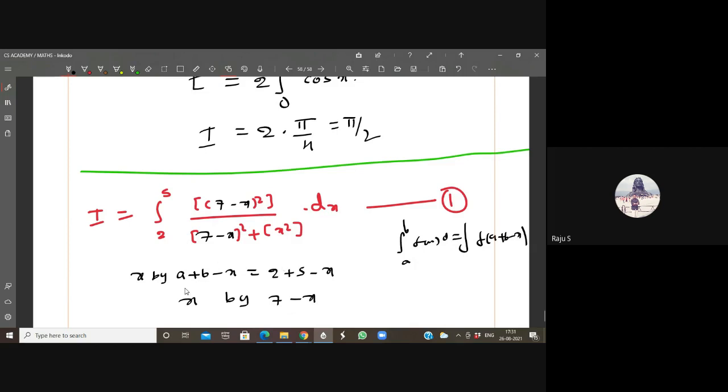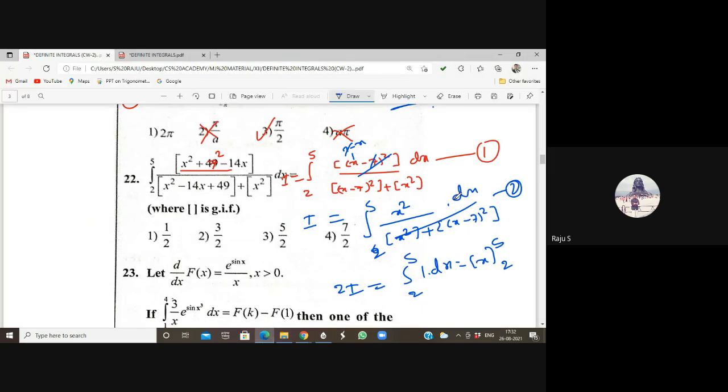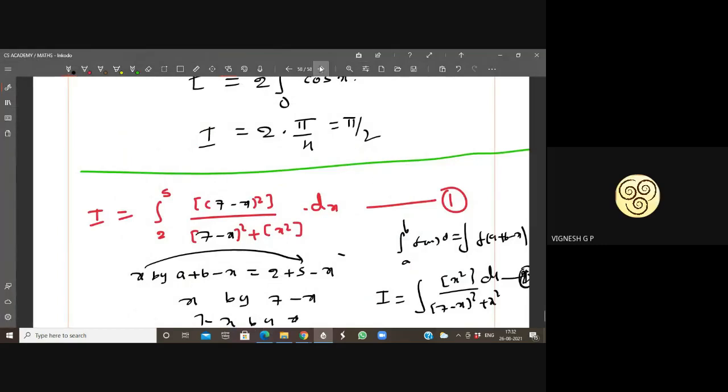When I replace x by 7 minus x, then 7 minus x you can replace by x. That's all. When you replace, you are going to get this equation: x square by (7 minus x) the whole square plus x square. When we are adding these two equations, numerator and denominator become the same, get cancelled. We are getting 1.